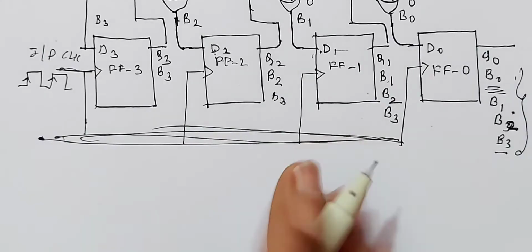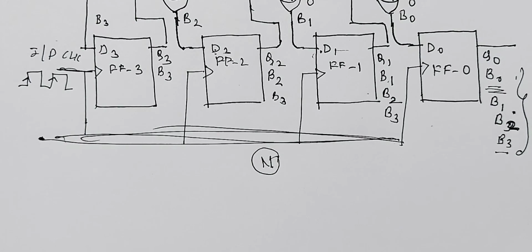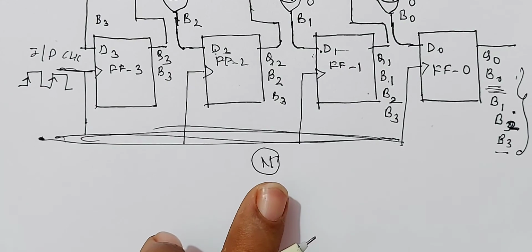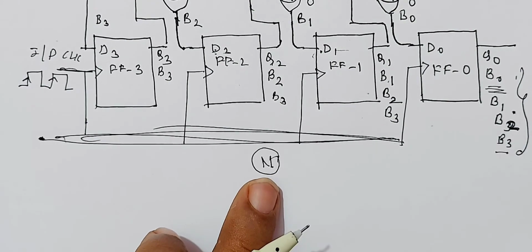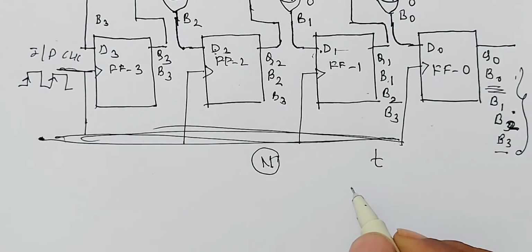In general, if n is the number of bits to be transferred, then the number of clock pulses required is n itself. For 4 bits, you need 4 clock pulses. Therefore, for transmission of n bits, you require n clock pulses. For 1 clock pulse, let small t be the time taken.